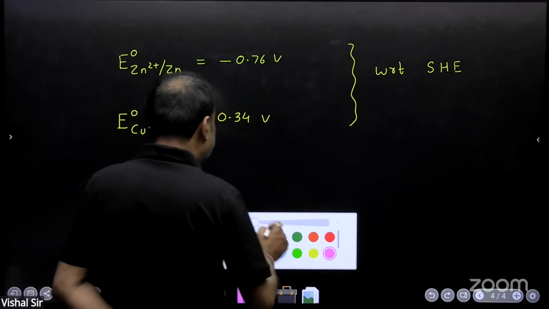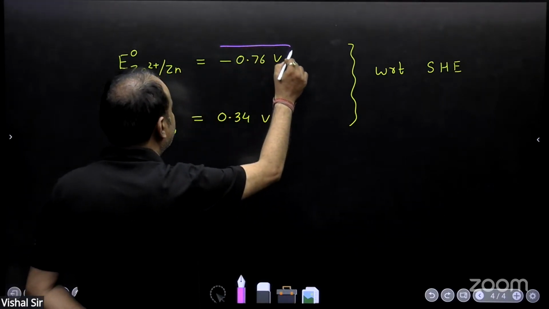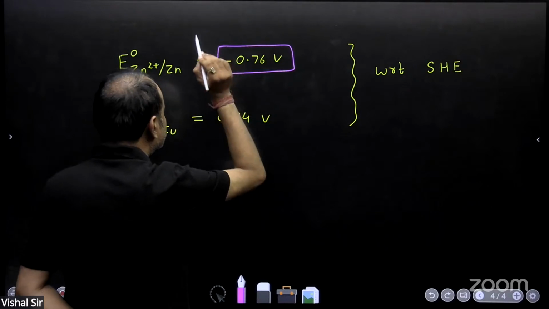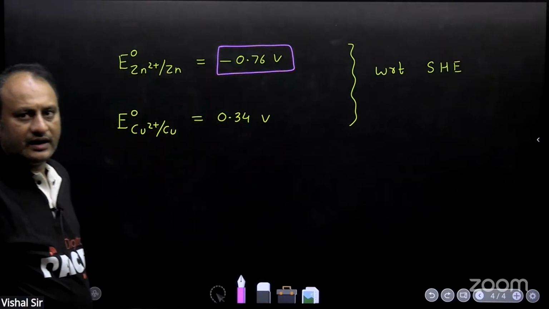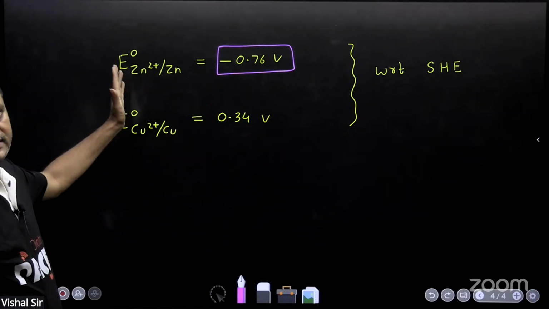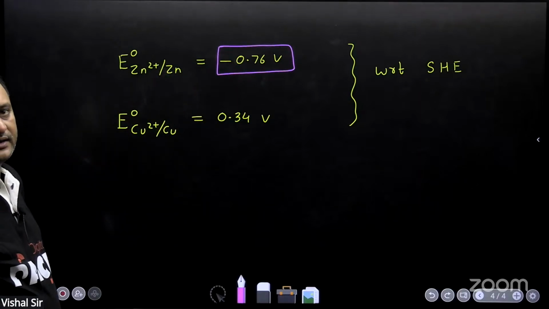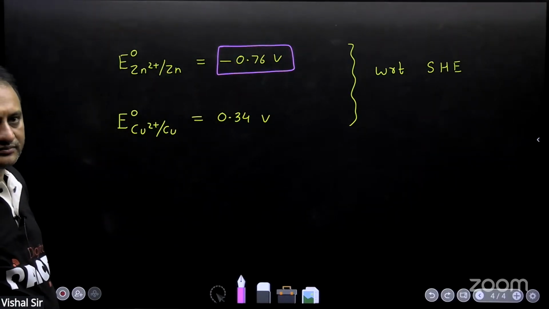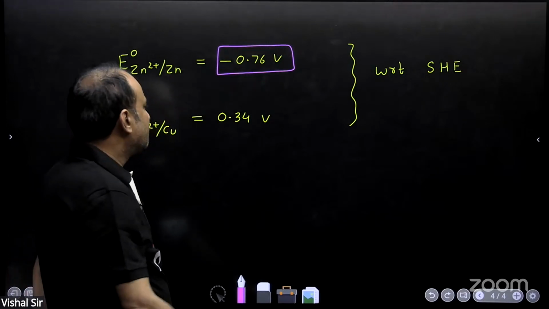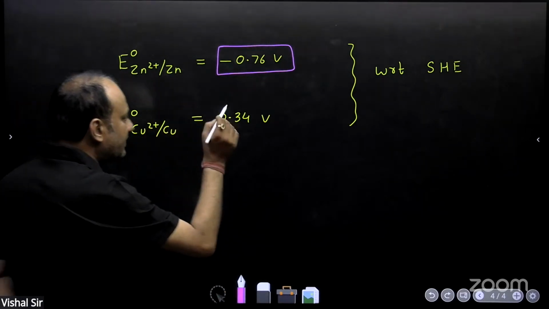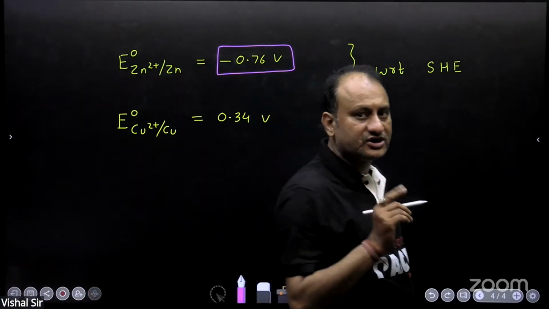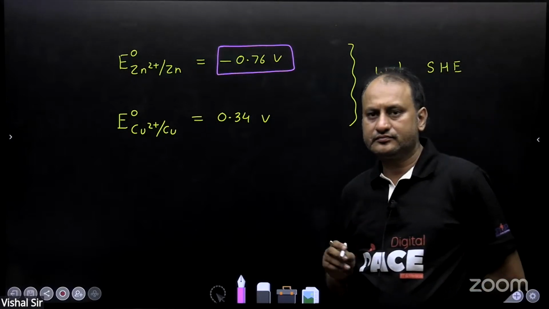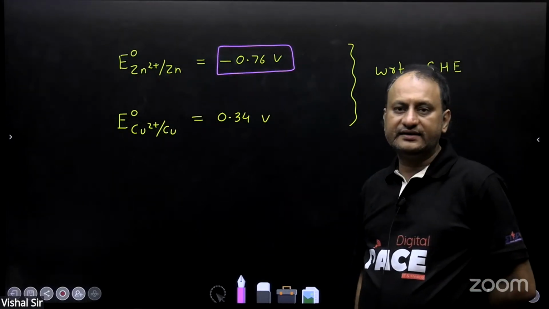So what is this minus 0.76 meaning? As you can see the notation, Zn2+ / Zn. This is reduction potential of zinc given to me. Correct? And for hydrogen, the reduction voltage is 0. For zinc, it is negative.